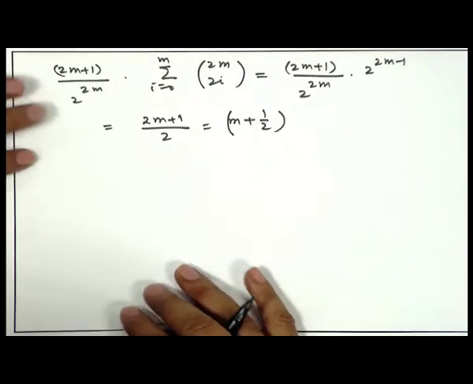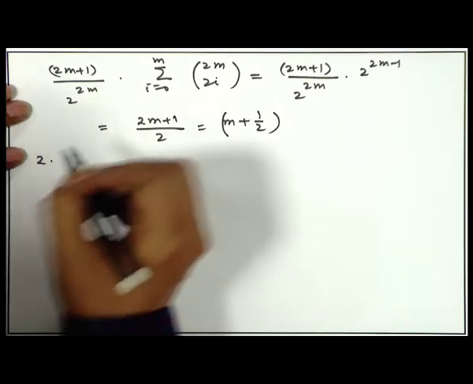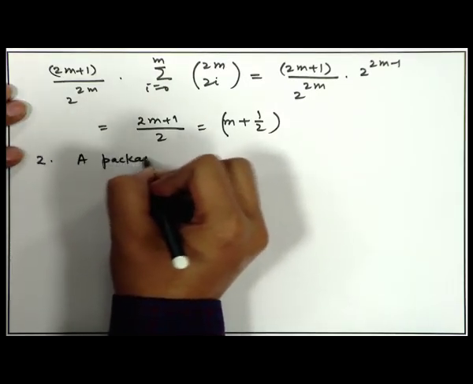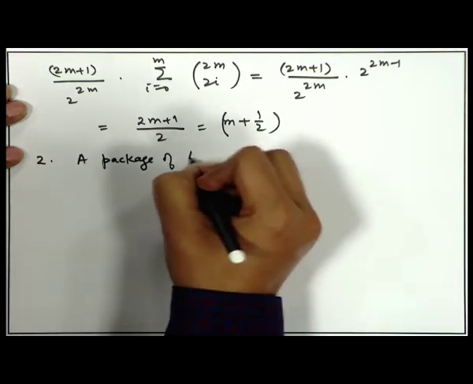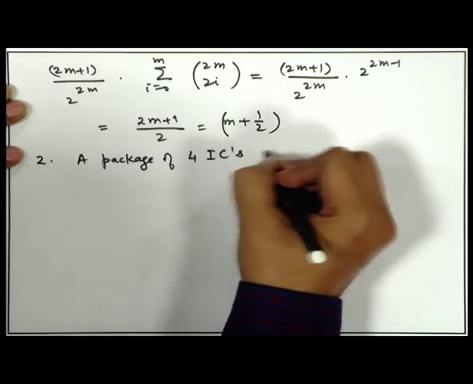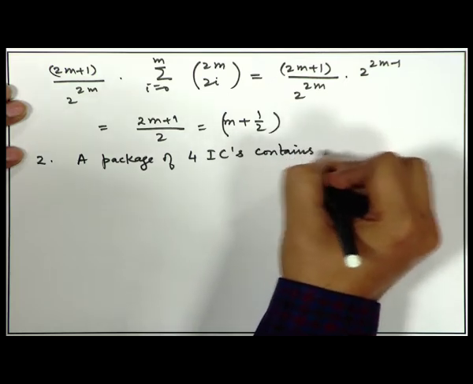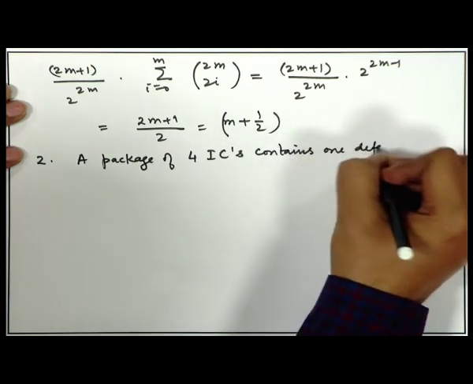Let us take another discrete distribution example. A package of 4 ICs contains one defective.